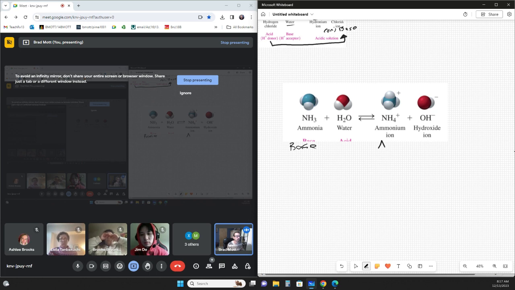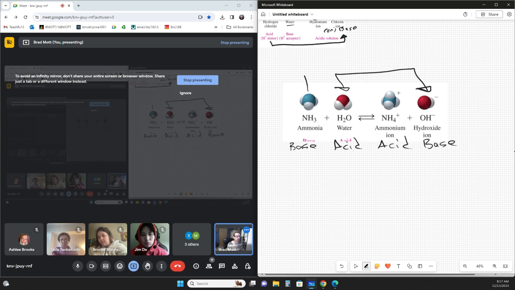That makes this the Bronsted-Lowry acid, the conjugate acid of ammonia. And we have now water becomes Bronsted-Lowry acid. And the hydroxide ion is the conjugate base. Okay. So we have the conjugate acids and bases on both sides, okay? Based on where the protons go. Yeah, so far so good?